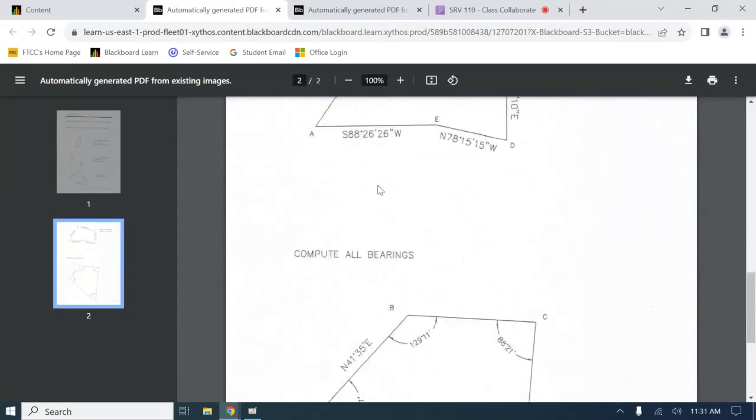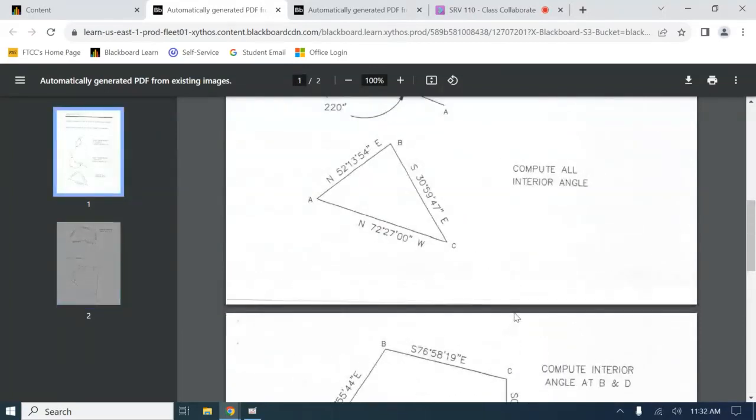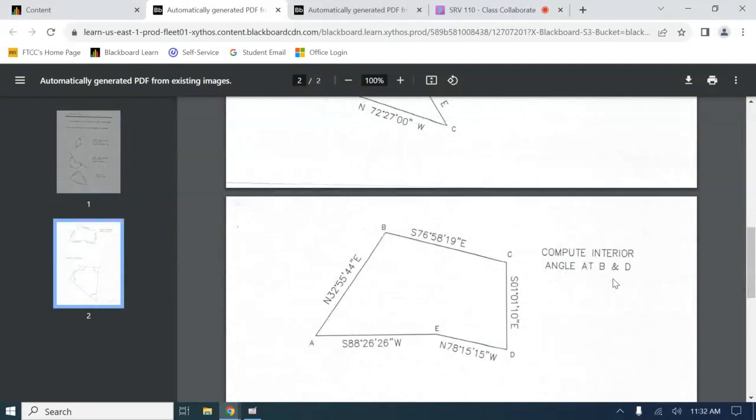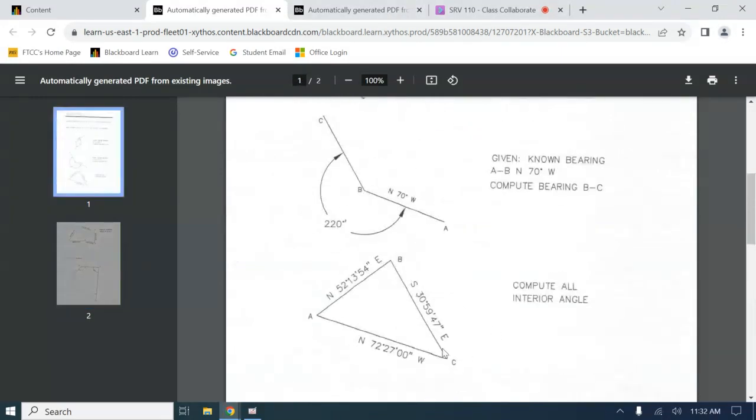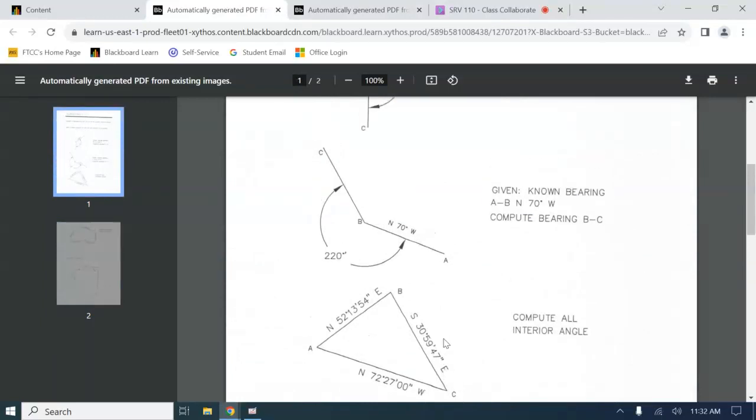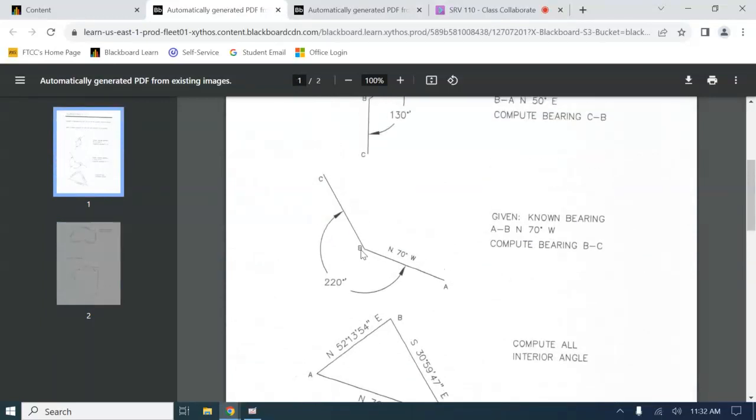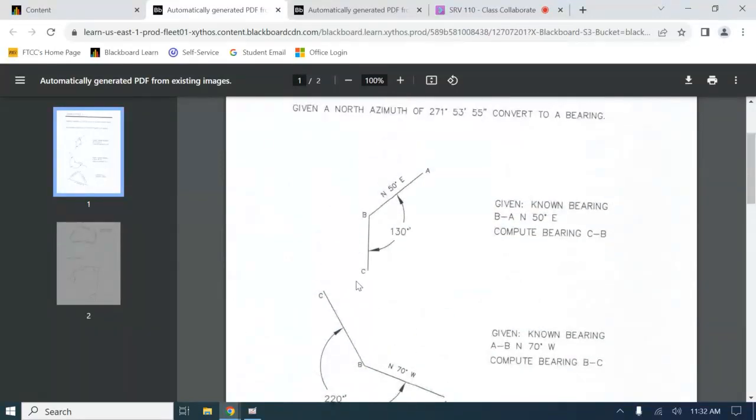So I'm looking for bearings, looking for interior angles. I'm only asking for B and D on that one. I'm looking for all interior angles. This one, I want the bearing from B to C. And this one I want from C to B. So if you figure it out and you have B to C, then think about technically what would that be from going from C to B.